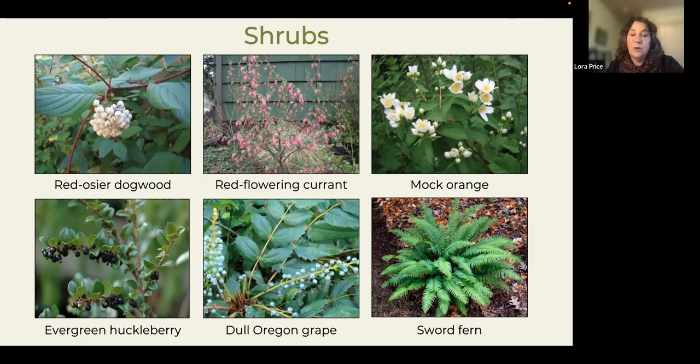The dull Oregon grape, there are 3 species of native Oregon grape. This is called the dull Oregon grape, or the low one. This one is more preferential to the shade, but we also have a tall Oregon grape that you would want to put in sunny areas, and another one in between that is probably about 3 foot high, and they all have a distinctive look.